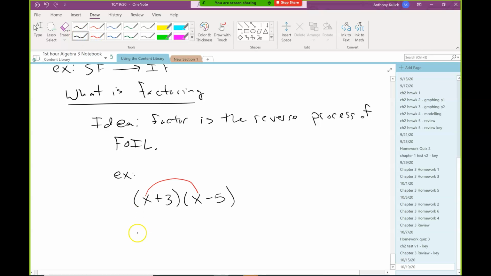So to do that, we're going to get x squared and then x times negative 5, or negative 5x, and then plus 3x minus 15.